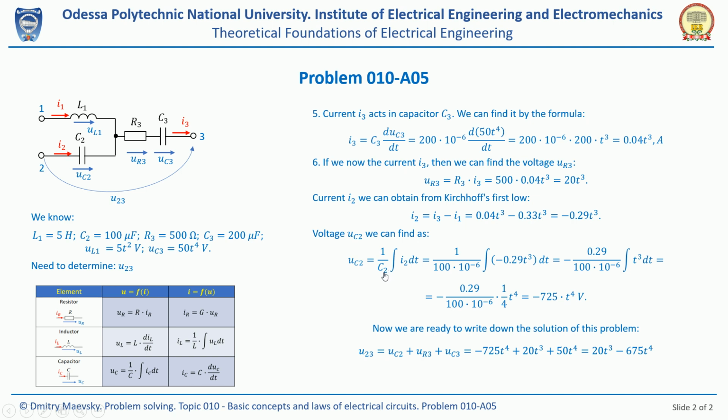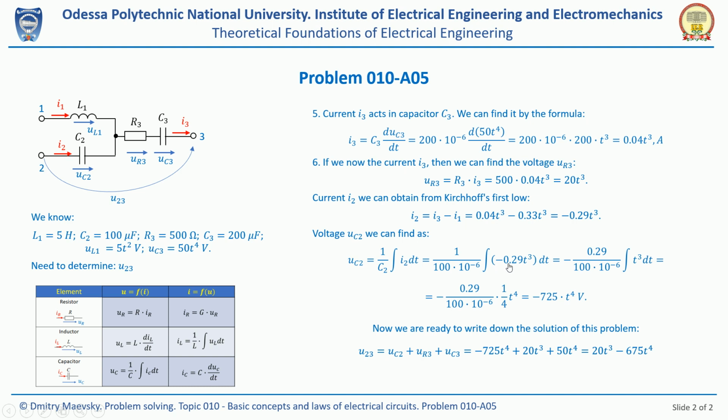Capacitance of this capacitor C2 is 100 microfarads, that is 100 multiplied by 10 to the power minus 6 farads.